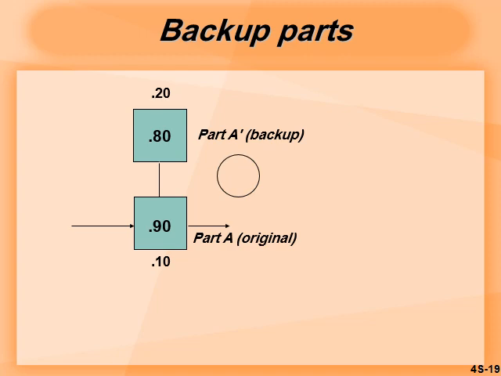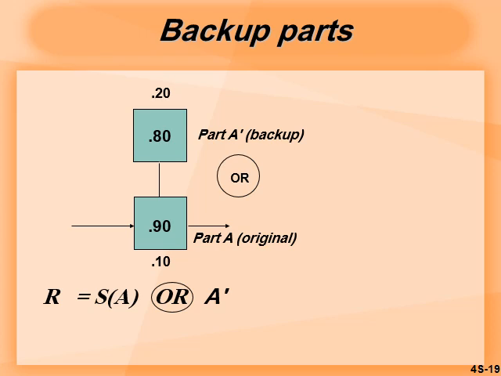What kind of relationship is there between these two parts, the original and the backup or standby? Either A or A prime, either the original or the backup. So the success or the reliability of the whole system requires success of A or A prime.